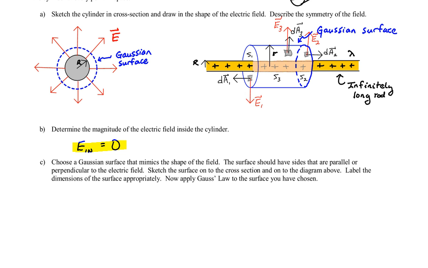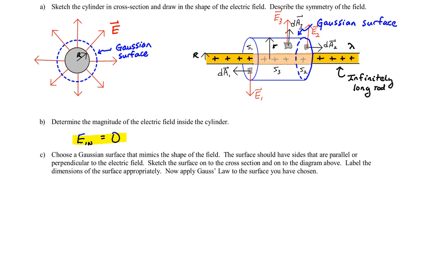So we're going to look for the flux through 3 different regions. Surface 1, which is this left end cap, surface 2, which is the right end cap, and then surface 3, which is this cylindrical sidewall. Okay, so now to find the total flux for this Gaussian surface, we're looking at the closed surface S, which is really this whole Gaussian surface, and we're taking the integral over the closed surface of E dot dA.